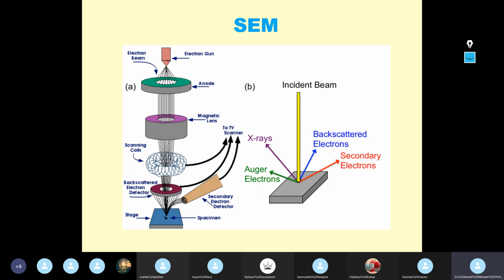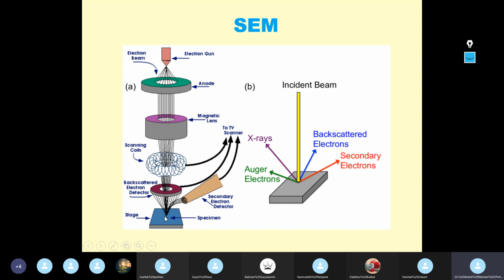The magnetic lens will neutralize the movement or deflection of the beam which is generated, and it will be projected through the scanning coil. The scanning coil controls are with the instrument. You can give a command regarding how much area of the specimen sample is to be scanned, right? How much area is to be scanned can be commanded accordingly.